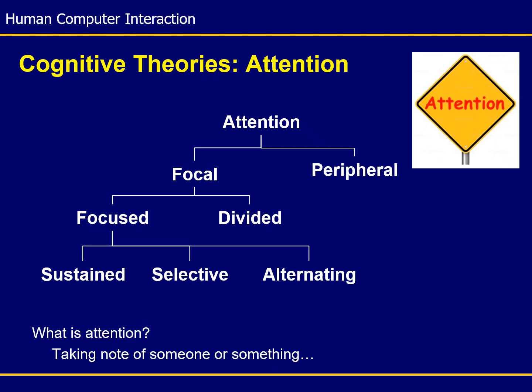Focal means it's in front of you. Peripheral means it's in your peripheral vision, which I've described earlier when we talked about the eye. Now, focal is divided further into focused plus divided. And we are going to split focus into three types: sustained, selective, and alternating. Okay? So let's start talking about attention and see implications for user interface design.